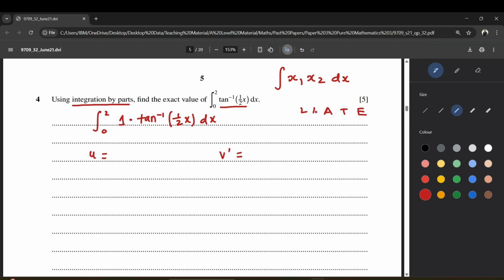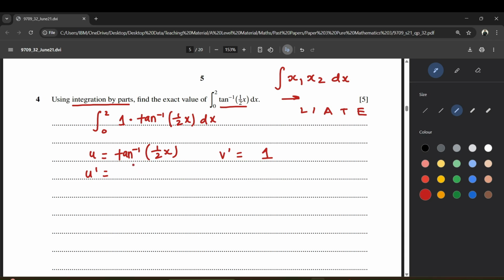I is the inverse of trig function, which is this one. So you can see that this comes first. Then 1 will fall under this category of algebra. So algebra comes later, so that means we have to choose from this sequence, right? So therefore tan inverse has a higher priority, so we're going to write it over here, and v dash will be 1.